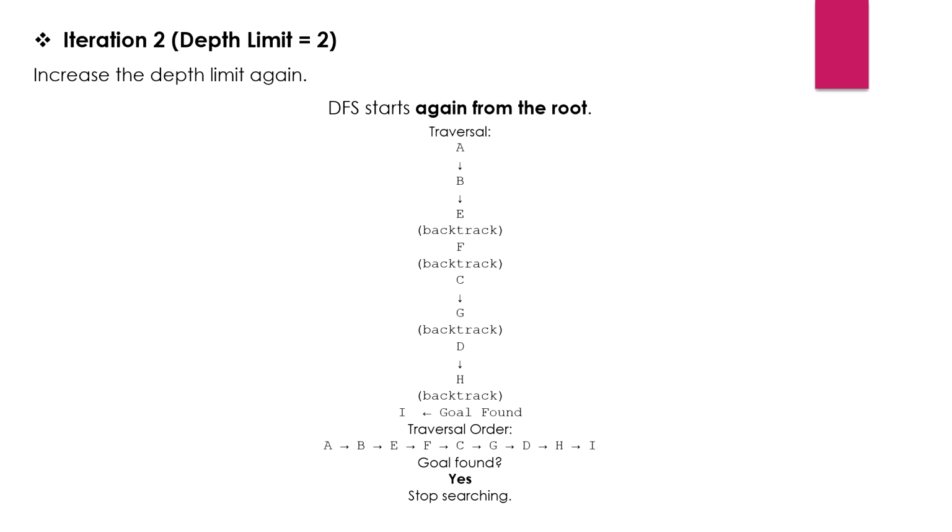Now it explores F. Again there are no children for F. Now it will backtrack to A, and then start from A and visit C and then G. Now there is no child for G, so it will backtrack, then move to D, then H, and finally visit I. Suppose I is our goal node, immediately the search stops.